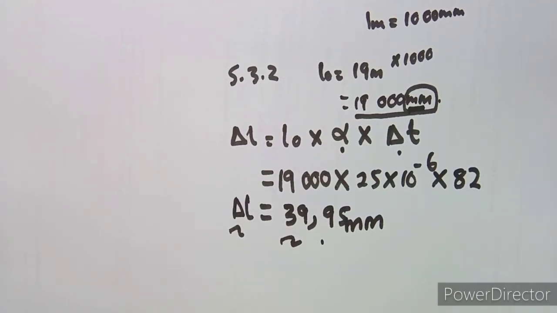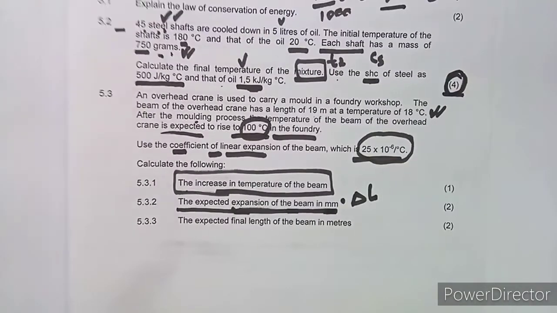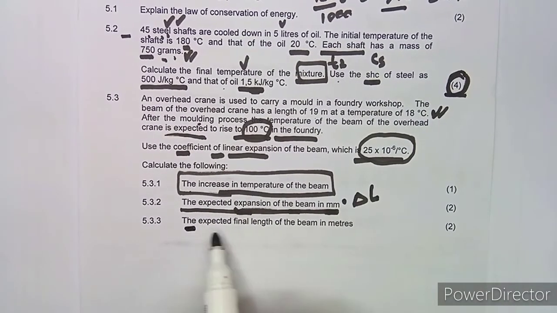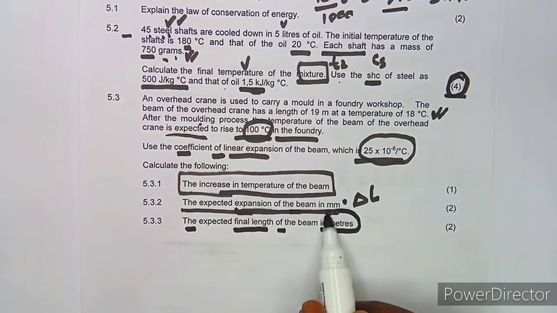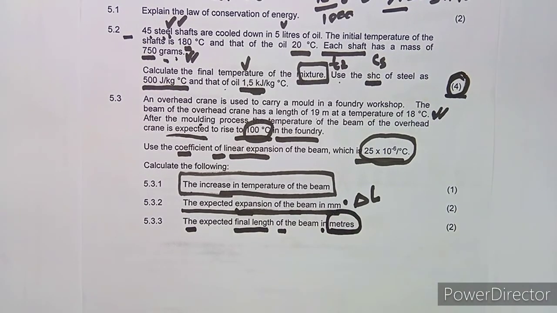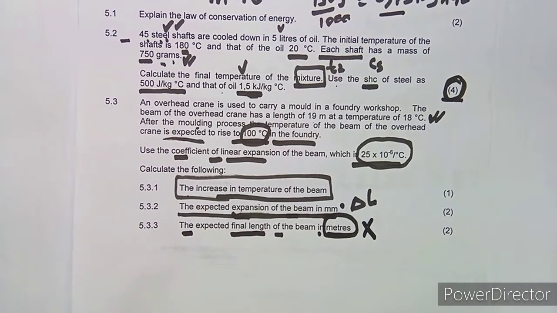So that's what we had in this case. Okay, then the other question was the expected final length of the beam in meters this time. Take note about the instruction, guys, in meters. Okay, let's start by having the expected final length.